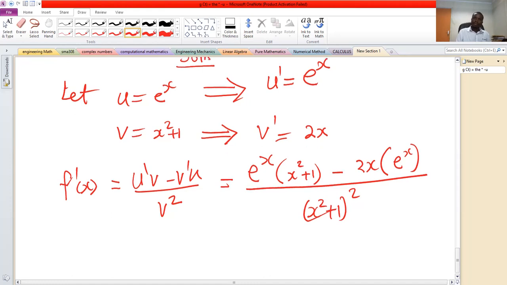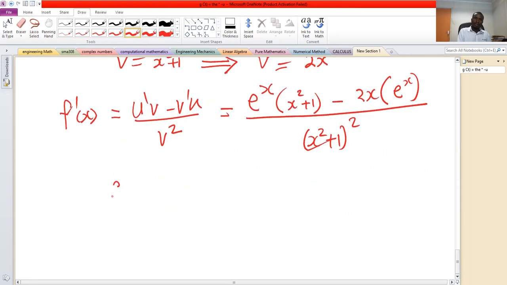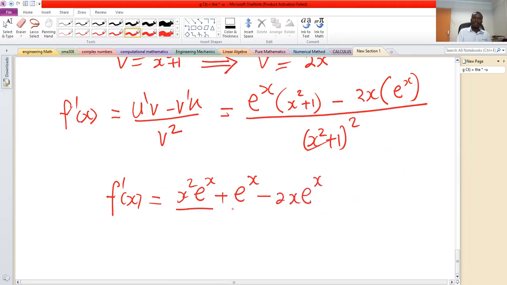So when you simplify this, you get f prime of x equals x squared e power x plus e power x minus 2x e power x divided by x squared plus 1 squared.